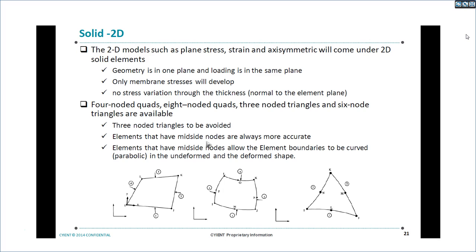When you take a quadratic element, between these two nodes it is allowed to have a curvature, because of its quadratic formulation. So it allows the edges to be curved in either deformed or undeformed shape.